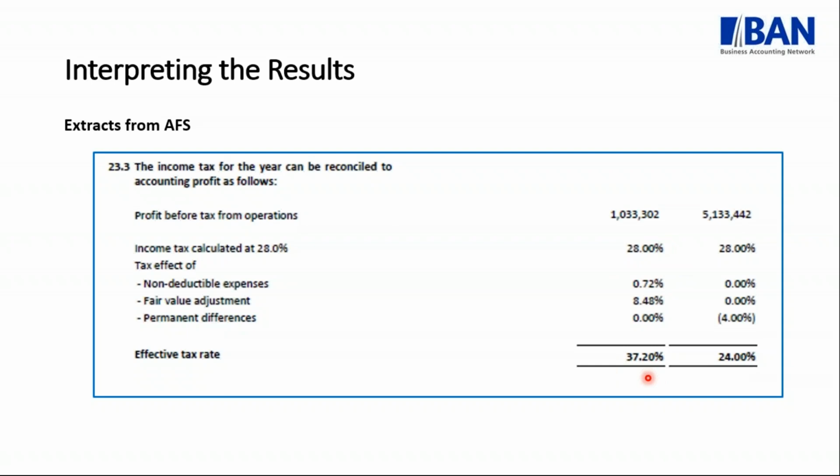It is normally permanent differences like non-deductible expenses, non-taxable income, or any accounting adjustments that will not be adjusted for tax purposes as well, that will then reconcile your 28% tax to your effective tax rate, which is what is actually shown in your income statement. Just so that you guys are aware of how that works.